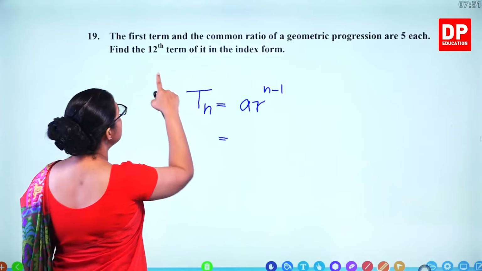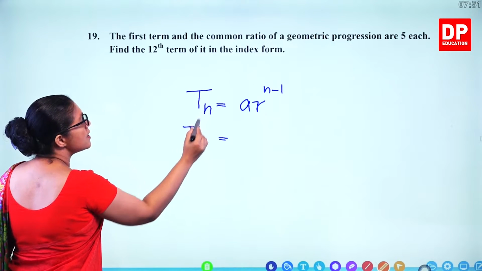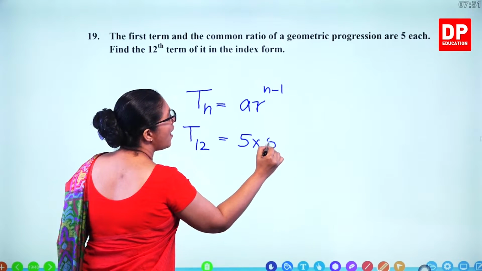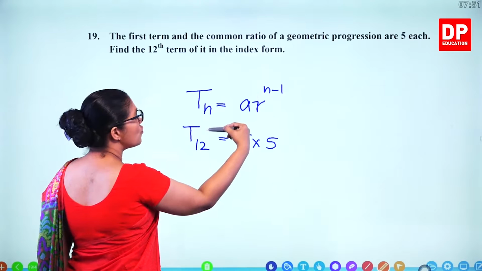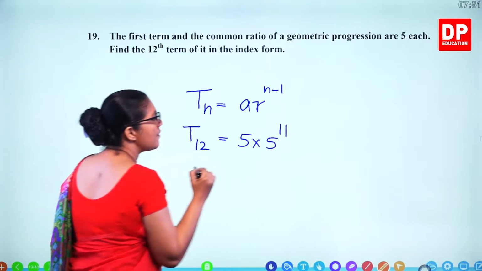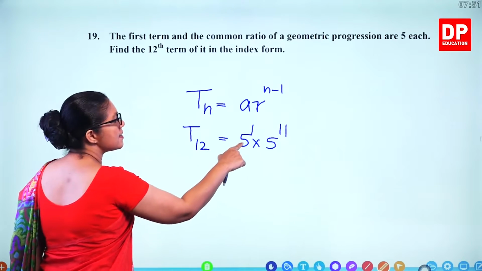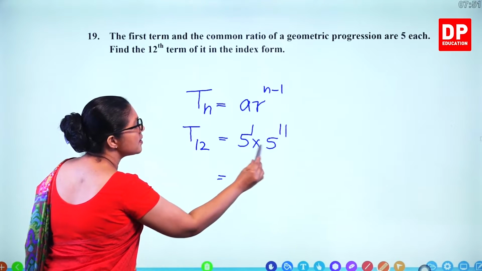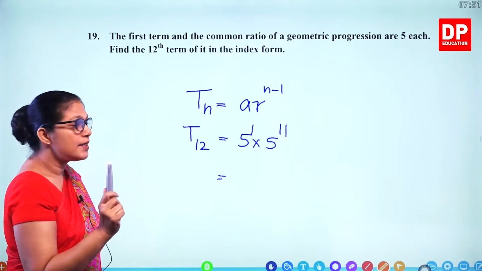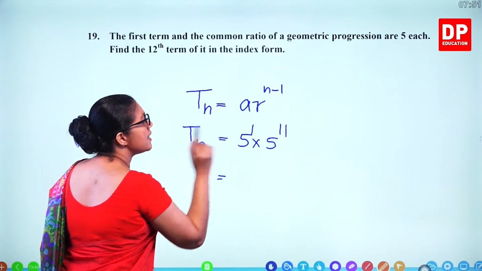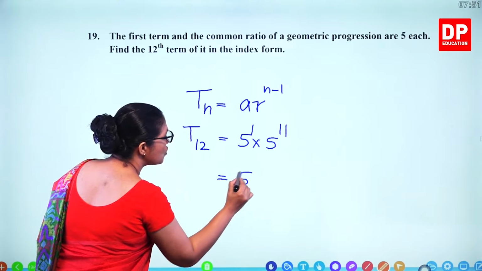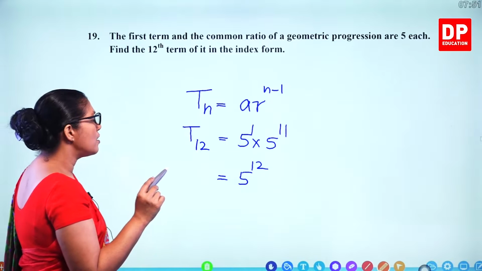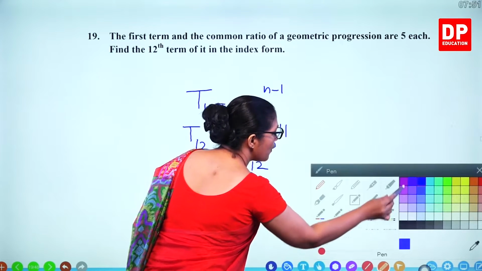So we can easily find the 12th term, T12: 5 into 5 to the power 12 minus 1, which is 11. This is like 5 to the power 1. Same base, different powers, multiplication, you add the powers. So 1 plus 11, you get 12. So in index form this is 5 to the power 12. So 2 marks for that.